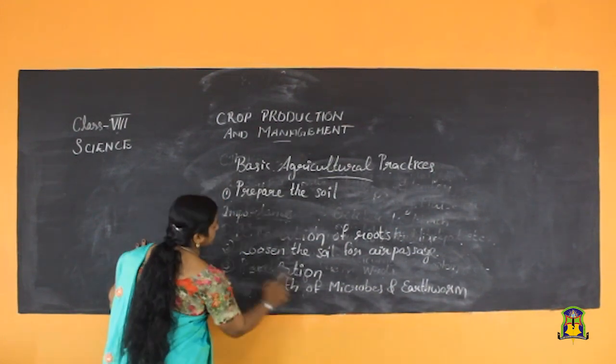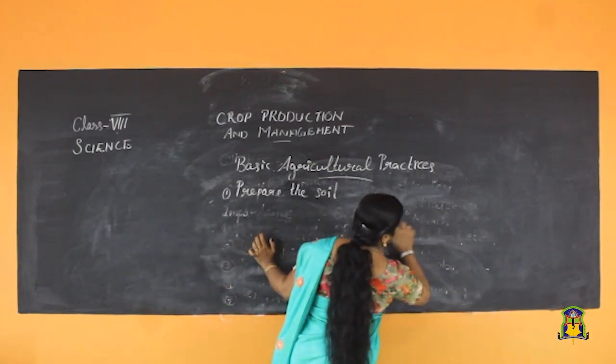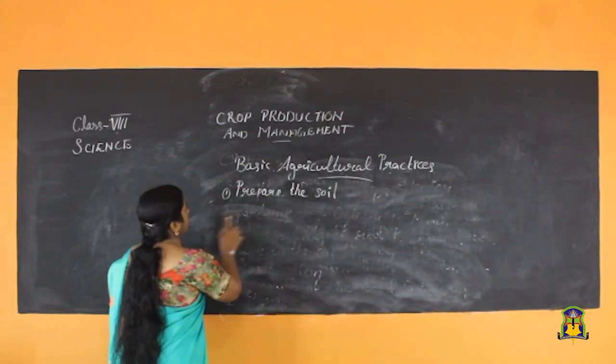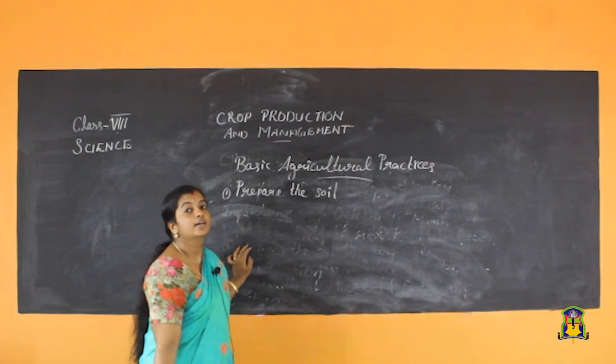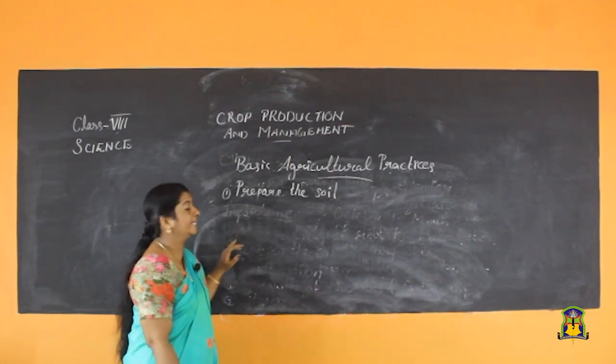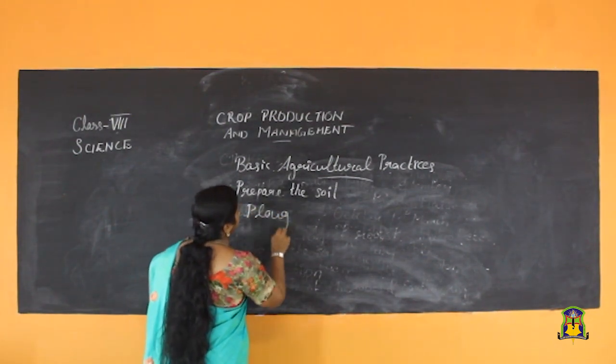Now, we will discuss the tools that are used for preparing the soil. Which are the commonly used tools? Have you seen in paddy fields a bullock pulling something and loosening the soil? Yes, it is called a plough. What is a plough? A plough is an instrument.